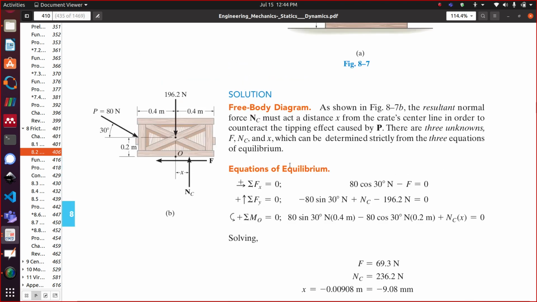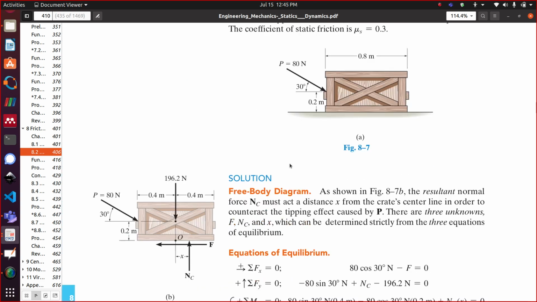So here, first what have we done? We have drawn the free body diagram, which means drawing all external forces on the object. So these are the dimensions of the object.